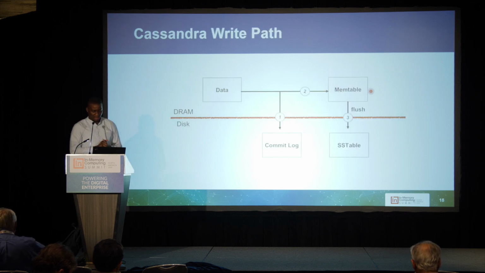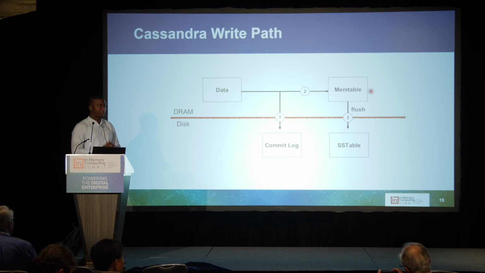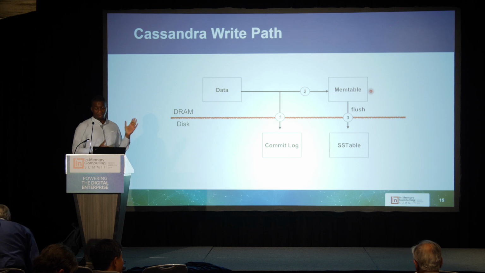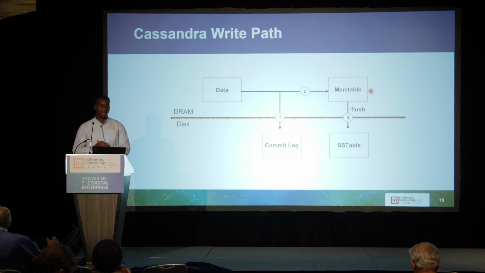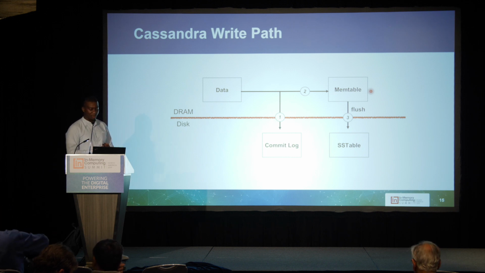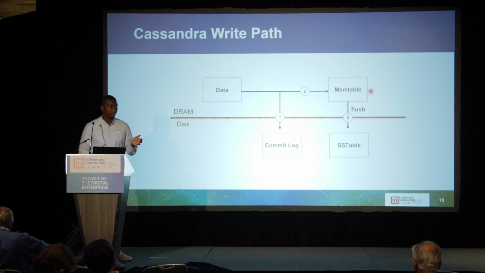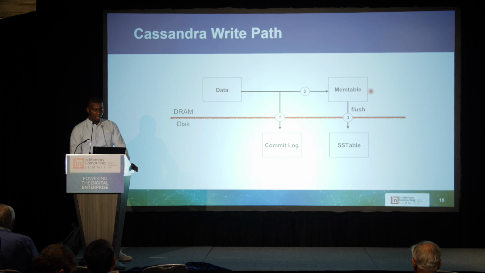So Cassandra is one that we used as a POC. Cassandra is a distributed NoSQL database. It's very popular, similar to HBase, but here we're trying to put the data store on persistent memory. Right now, the default Cassandra write path with disk looks like this.